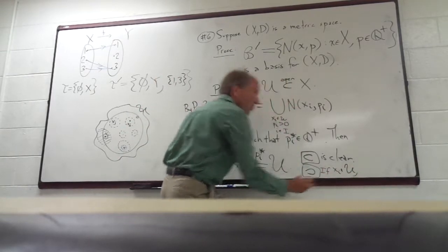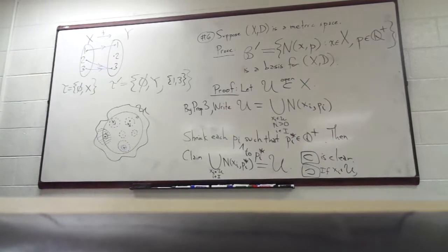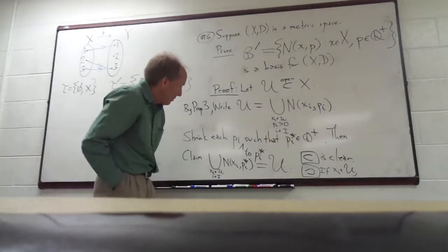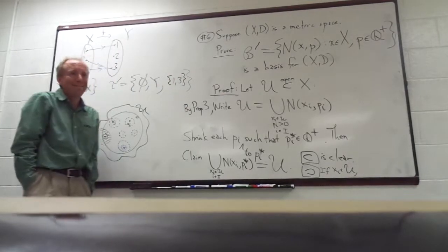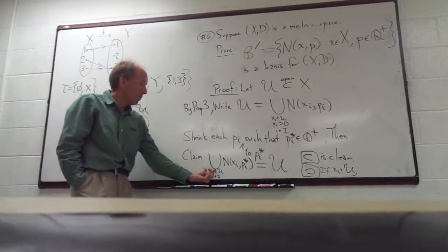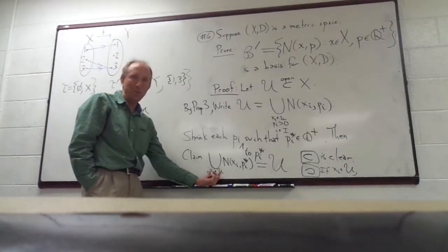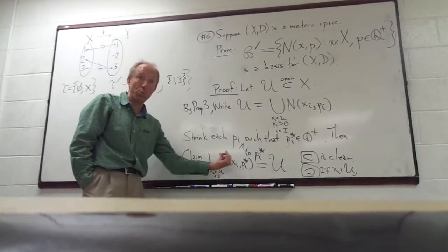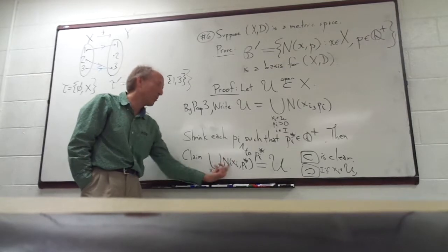Pick something in U, does it live on the left side? Notice that this is a union over absolutely every single point of U. Every single element of U has a term that goes with it. It has a neighborhood that goes with it.